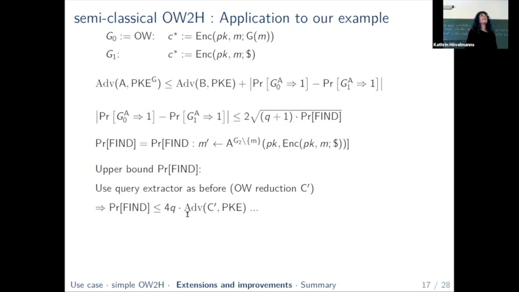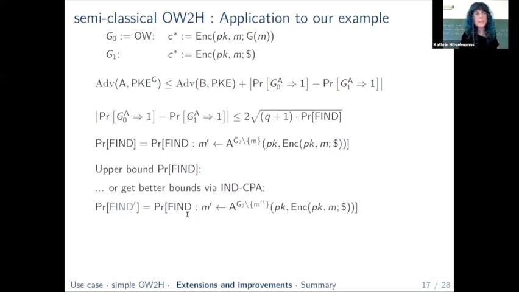If the underlying scheme has a stronger security notion than one-way security, we will see that the upper bound can be improved quite a bit. Namely, if we assume IND-CPA security, meaning it's hard to tell which one of two messages was encrypted, then we can define a new event find prime, and it only differs from find in where we puncture, because now we will just puncture on another independent random message M prime prime.